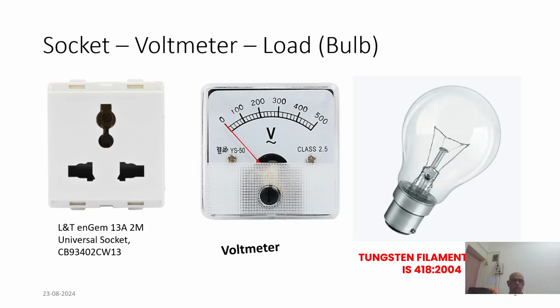For example, see here that we have a socket, and these two are the points where you are going to connect the load, which is over here, and you can measure the voltage across this, and using the ammeter you can find out the current through this. This is a resistive load. This is a tungsten filament lamp, and let's try to see what actually is happening.